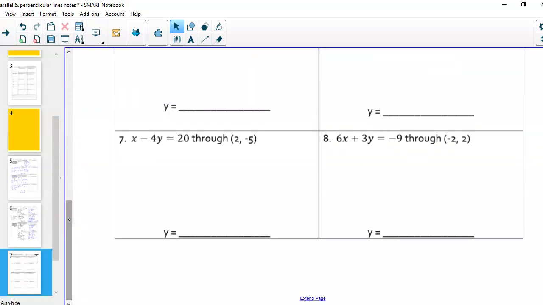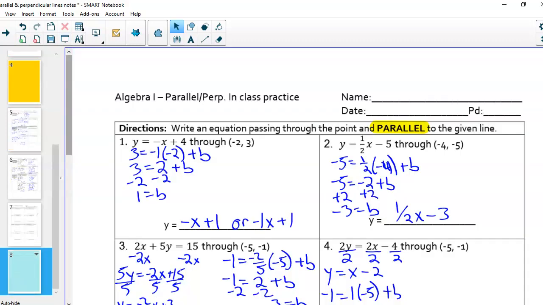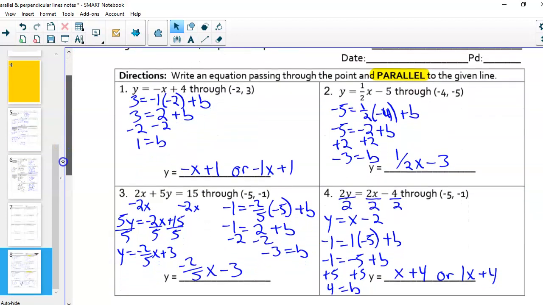Then if you have time, go back and do the others. This is the stuff we just did. We will go over these, and then we're going to do the review. I'm going to read through all of them, and if we need to go over any, we will.